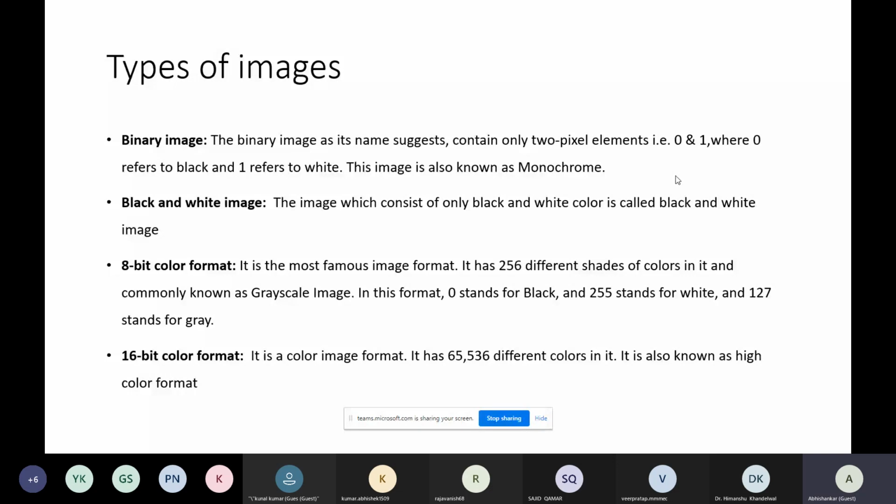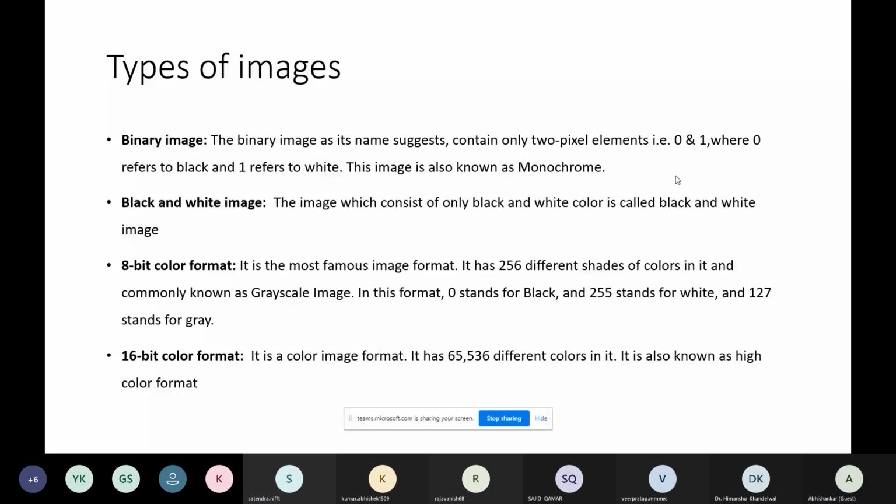And in the 16-bit color format, how many different shades will we have? Can anyone tell? 256 times 256 times 256? No, it is 2 to the power 16.